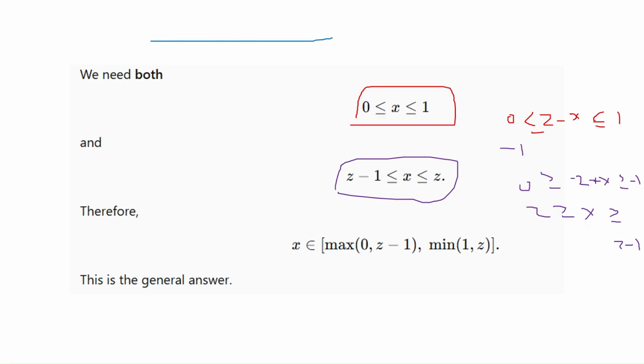So let's say the first equation says x is between 0 and 1. The second says it's between z minus 1 to z. Now, to combine this, our x which should come out from these two should be the one that's common for both of these ranges.